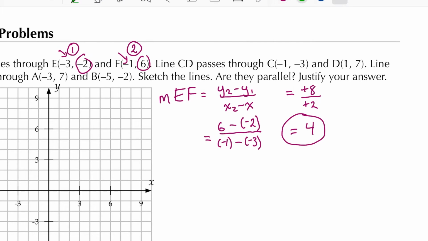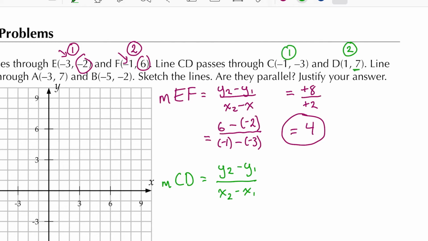Now let's do the slope of CD. We do the same thing: y2 minus y1 all over x2 minus x1. So this will be point number 2 right here, and this will be point number 1 right here.